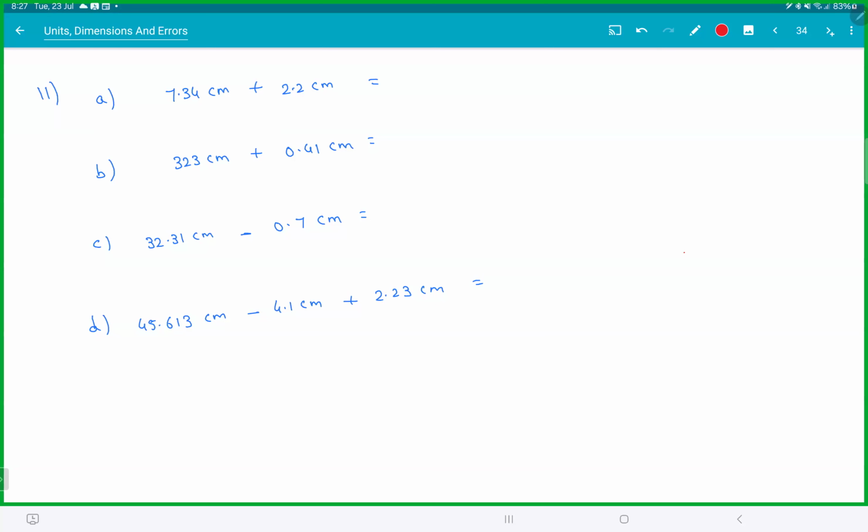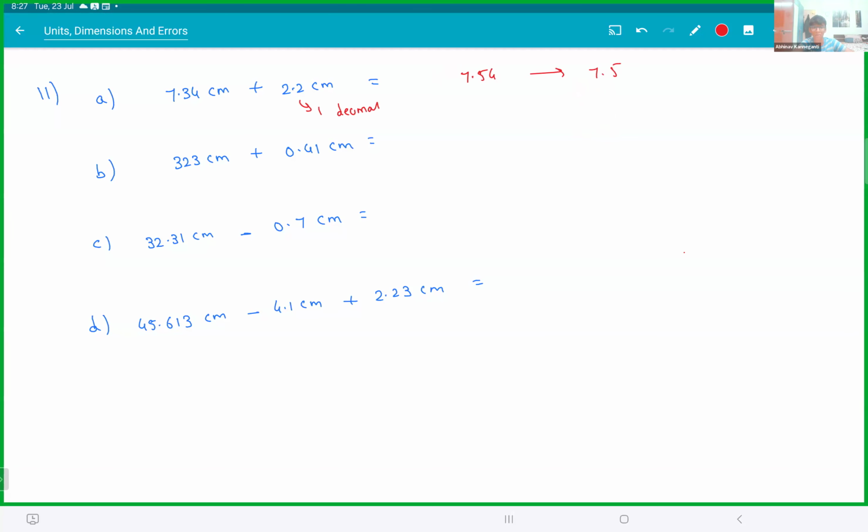Simple 4 marks. What is the first one? 7.342.2. Yeah, what is this thing? 7.342 plus 2.2 is 9.542, but this thing has only 1 decimal, so your answer should also have 1 decimal. So round off the 4, so it would be 9.5, right?